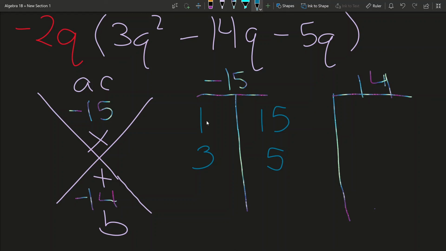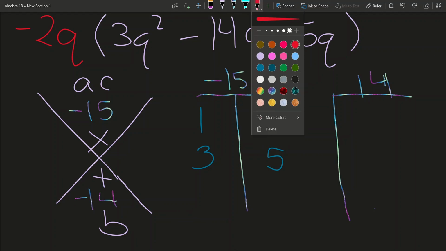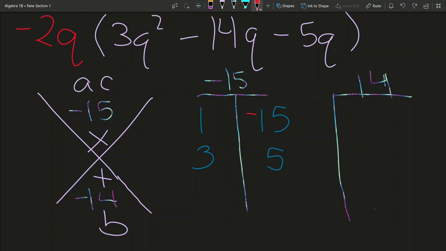And now we have negative 15 here. So we need to figure out how to get a negative 14 from the numbers that we've created. So to have a negative final answer, that means a bigger number has to be negative. So we can go ahead and put negatives on the bigger numbers. Otherwise we would have a positive number.